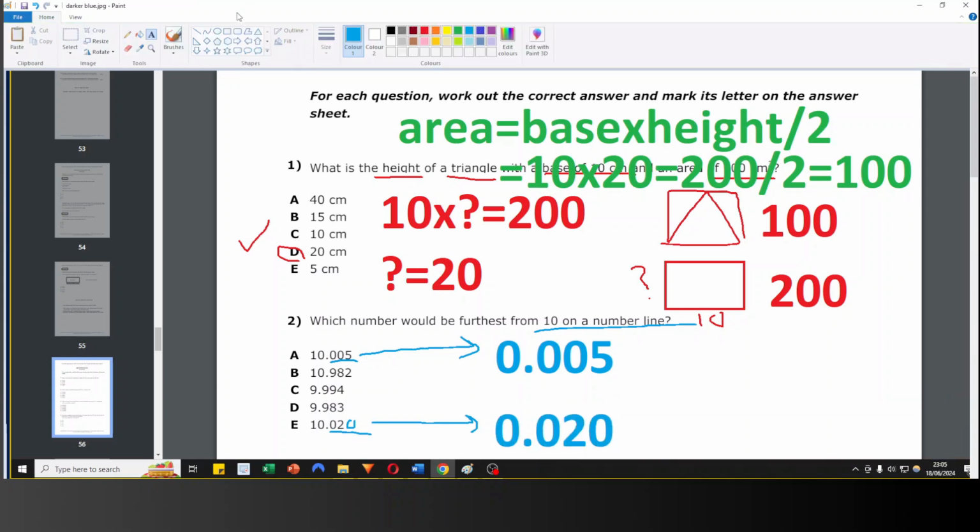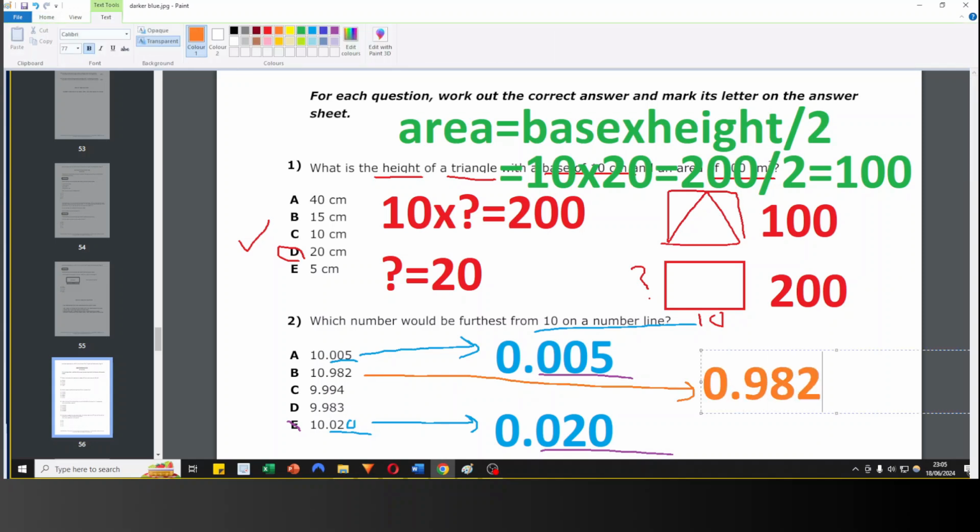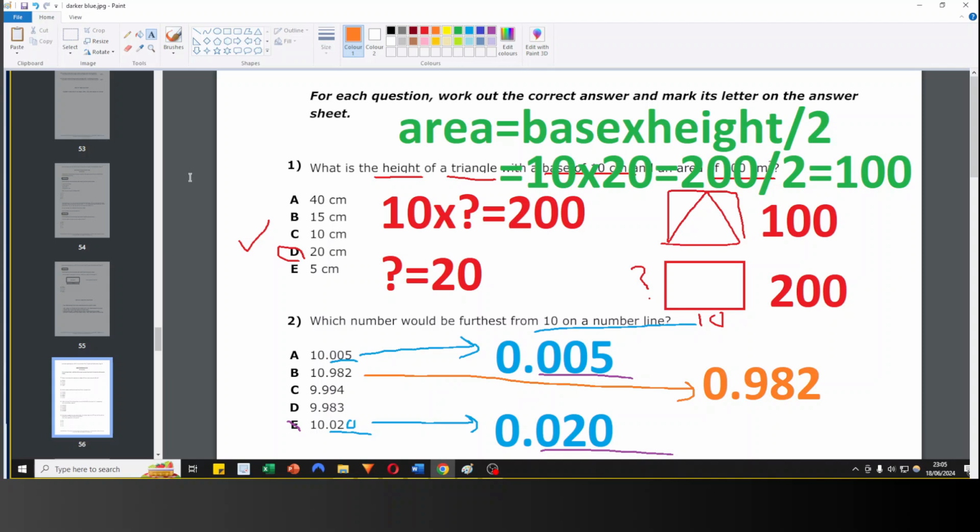Looking at the decimal point parts, which is the smaller one? It is A. Because we compare 2 at a time, I want you to cross off E. Option B, that is too far away. That is 0.982. That is way too far. Cross that off because all we care about is the number that is furthest away from the line.